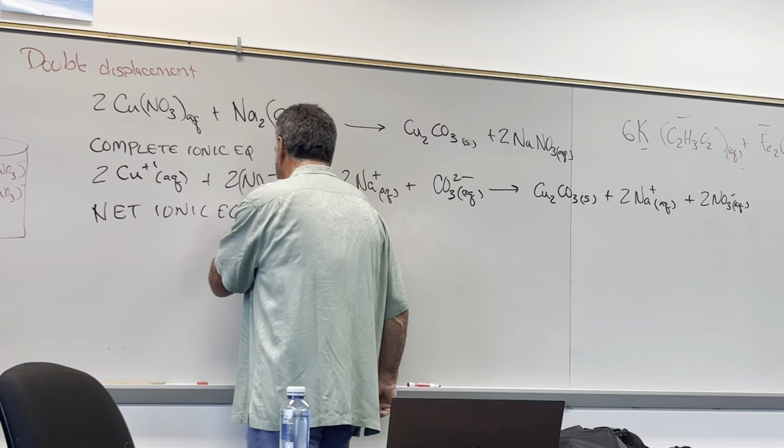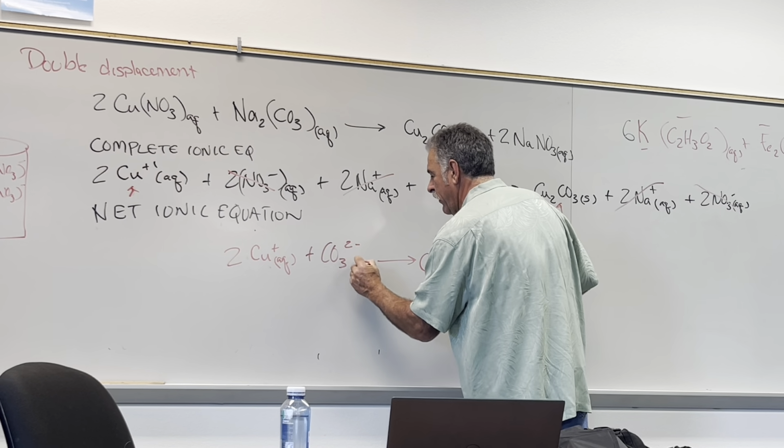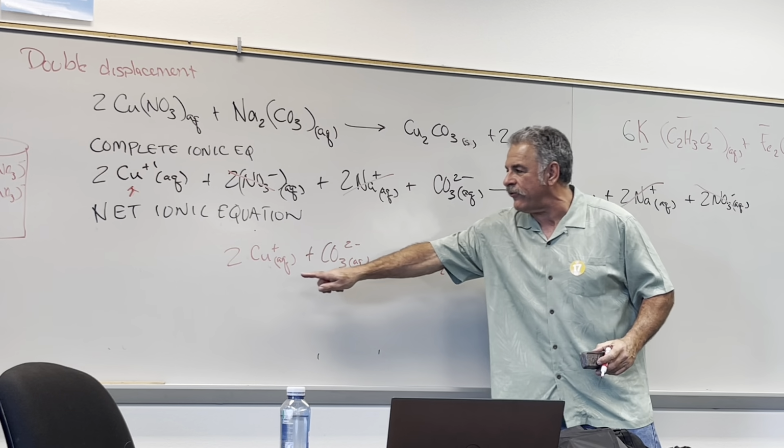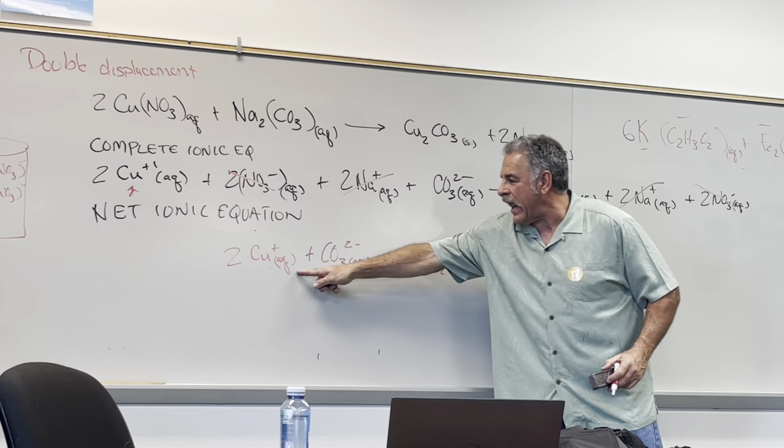Then we look at the nitrate on this side, nitrate on that side, cancels, sodium on this side, sodium on that side, and we're left with the CO3 2 minus, converting to the solid product. So our net ionic equation again is what changes in solution. We're going to put the cation and the anion together and make a compound.